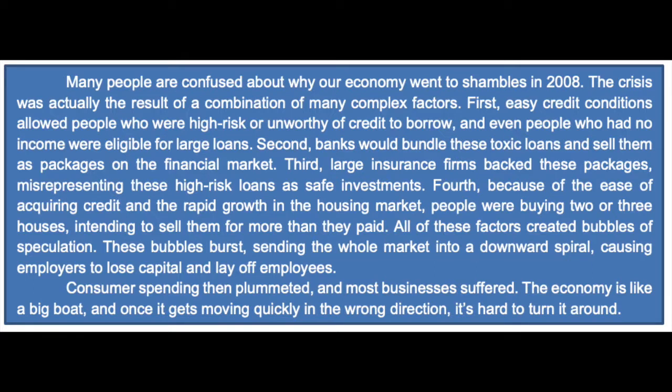Now let's try to analyze this example of a narrative based on this graphic organizer. First, introduce your story. Here is the introduction: many people are confused about why our economy went to shambles in 2008. So, it's the introduction of the story. Then let's see the narrative. Where does the narrative start here? Here, the use of these words: first, easy credit conditions. Second, banks would bundle these toxic loans. Third, large insurance firms backed these packages up. Fourth, because of the ease of acquiring credit and the rapid growth in the housing market, people were buying two or more houses.